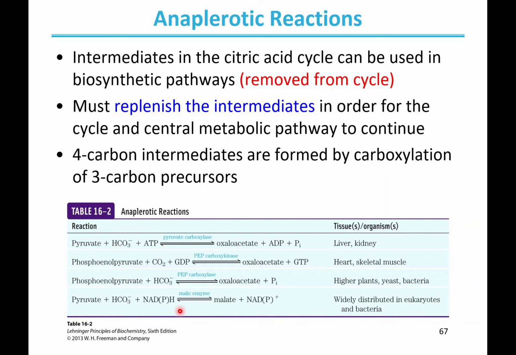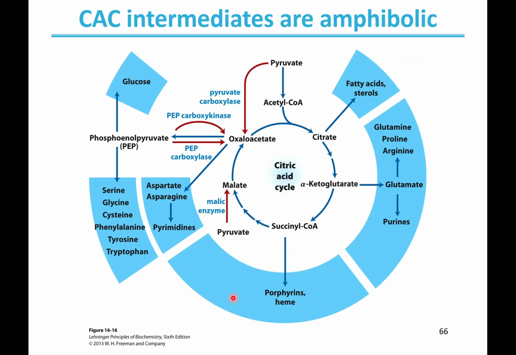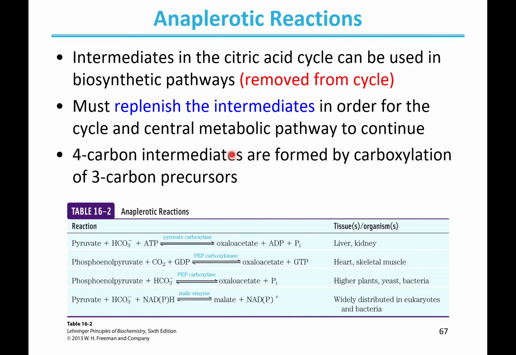And those are, I should mention, shown here in red, where you replenish your citric acid cycle intermediates. Right, so there's a couple places where pyruvate can be put back in, either as oxaloacetate or malate, and then phosphoenol pyruvate can be converted to oxaloacetate by 2 enzymes, PEP carboxykinase or PEP carboxylase.